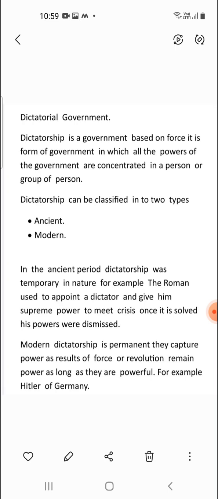Earlier there were police states, so the functions of the government were very limited. Later on, the functions of the government widened as the population kept increasing. Now, in the present situation, people depend on the government from home to tomb.